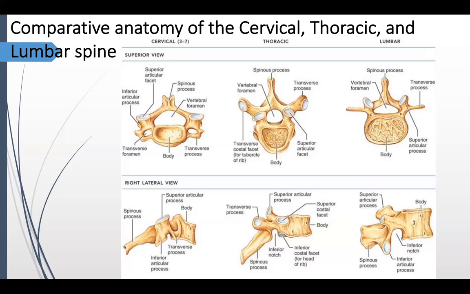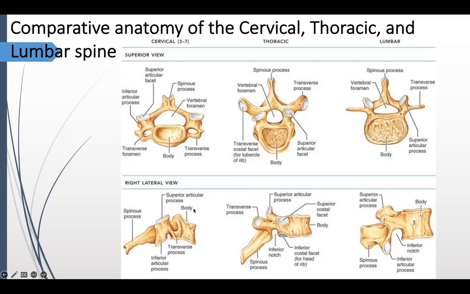It's going to increase in size, obviously, as we move down, or move inferior, in the spine. The reason for that is that the need to withstand some of the weight or forces being transmitted will increase as we move down the vertebral column. And then we have the lumbar spine, where the body is going to be large and thick. Again, that's the first stopping point for forces being transmitted from the lower spine itself.